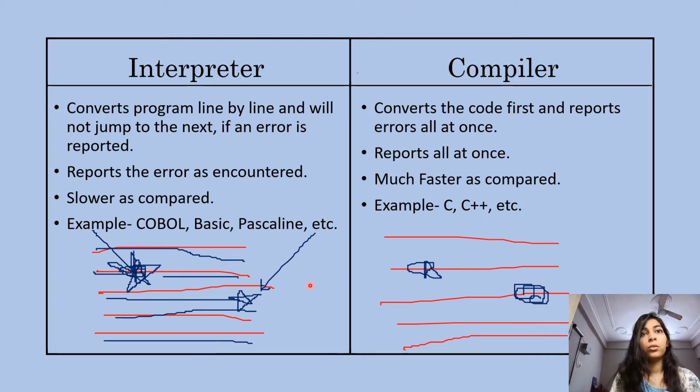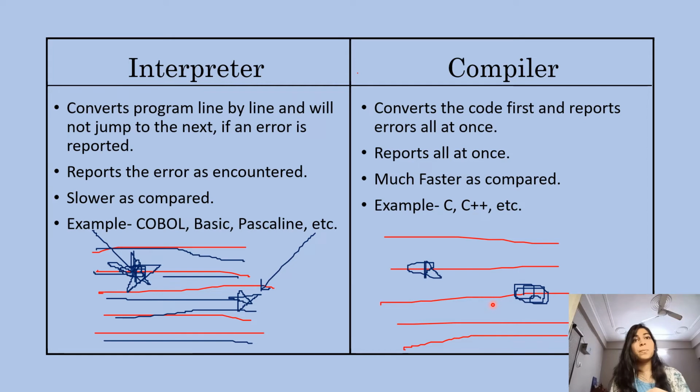The one which converts line by line. There's an error, it stops, it waits for you to resolve, then moves further, then stops, then moves further, or something that converts all at once and then reports you the errors so that you can remove it. Which one is easier?